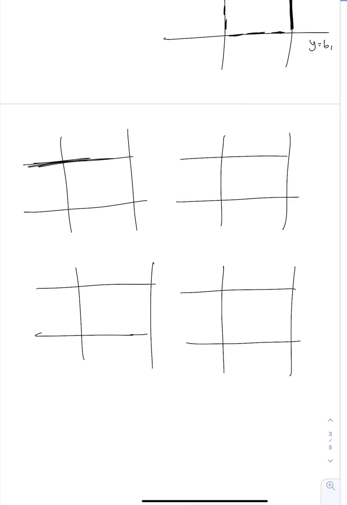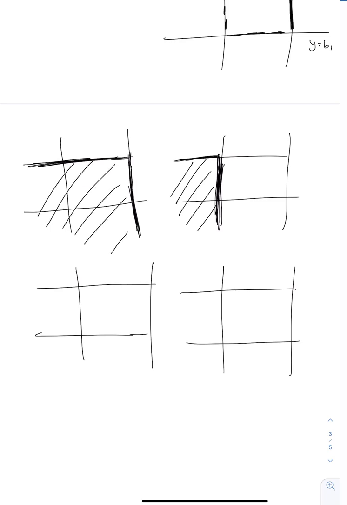Okay, one of them will be the region to the left of the line x equals A2 and below the line y equals B2. One of them will be this region. So this is F of A2 B2.